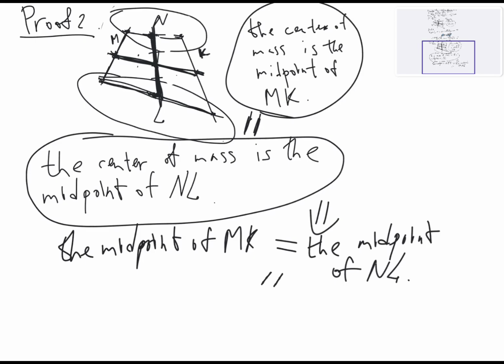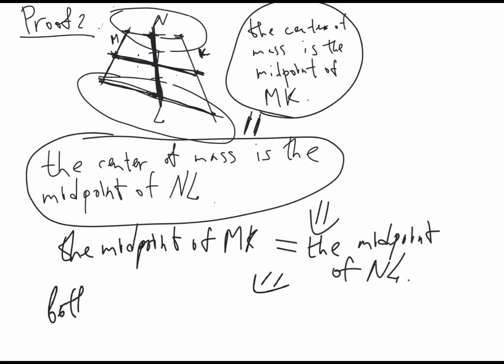So from this it follows that since this common point lies on both NL and MK, this is the intersection point.